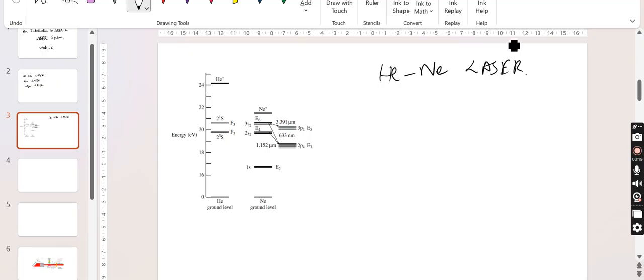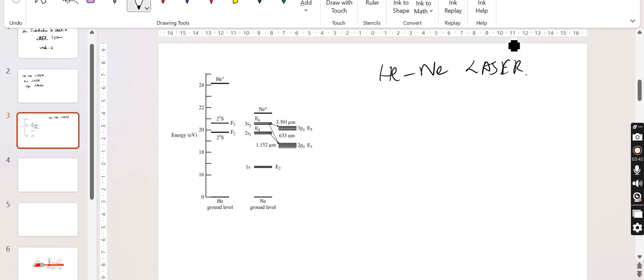We know that helium and neon gases are mixed in the system here, and the helium atoms are excited to the 2,3s and 2,1s states, and they are being pumped.